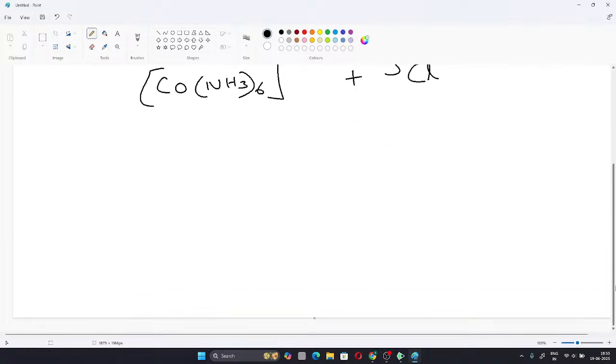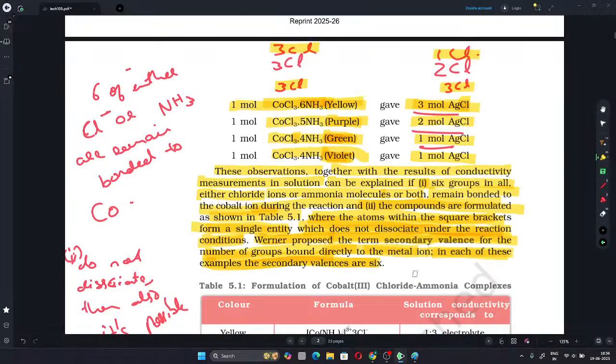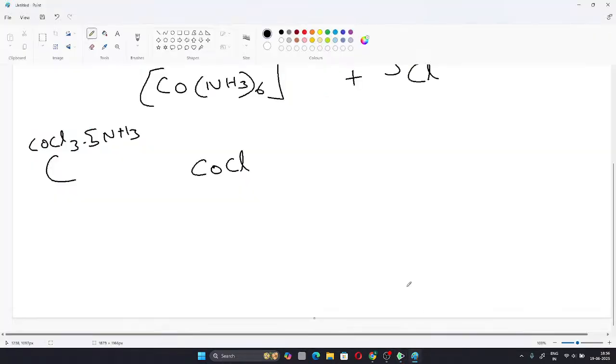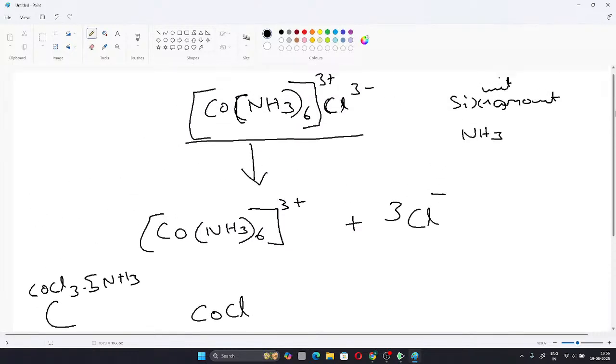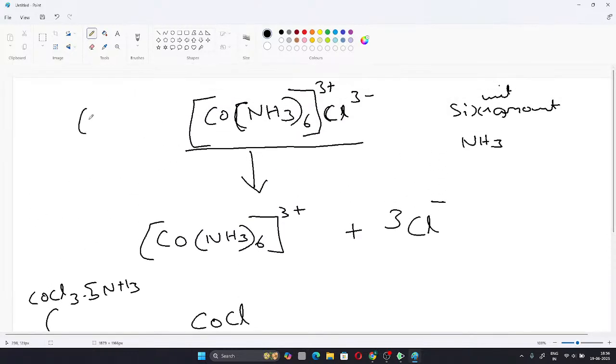And the second kind of compound is where we saw CoCl3 dot 5NH3. This color, if you remember, was purple color, whereas the other molecule is yellow colored.